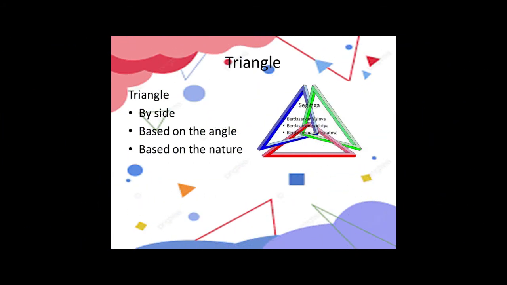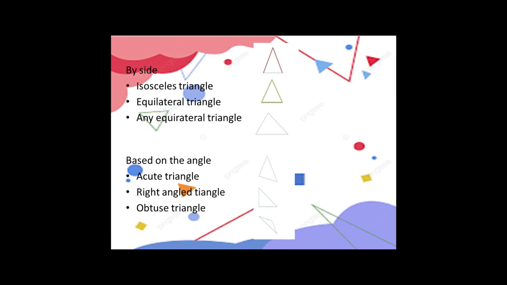Next, triangles. Triangles by side, based on the angle, and based on the nature. By side: 1. Isosceles triangle. 2. Equilateral triangle. 3. Scalene triangle. Based on the angle: 1. Acute triangle. 2.